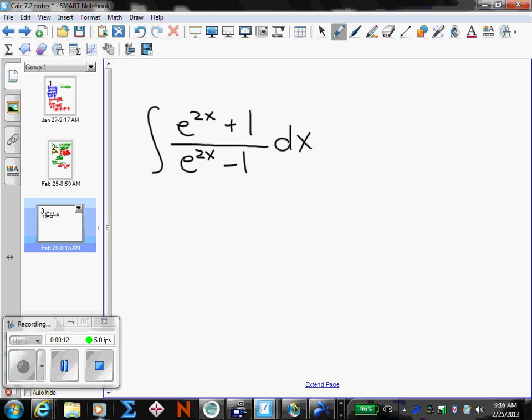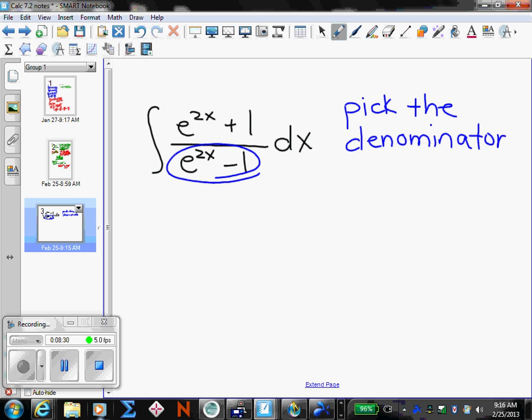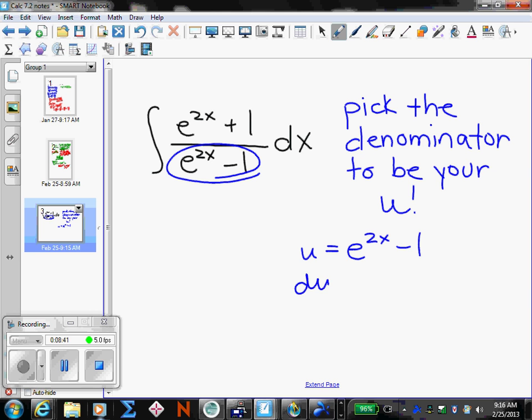So in this case, you want the whole denominator to be your u. So in this case, u equals e to the 2x minus 1. So I am taking the derivative of e to the 2x, which is 2e to the 2x, and the derivative of -1 is 0. So then I just put dx.